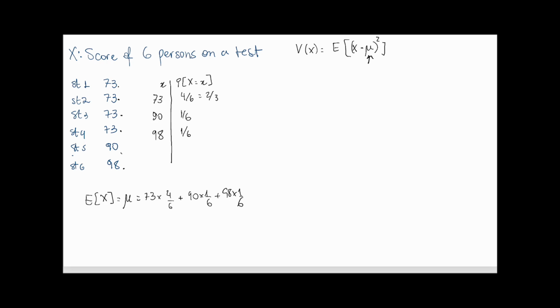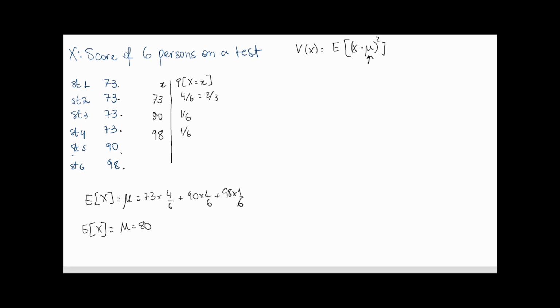If you work this out, this is 73 plus 90, this is 163 plus 98, this is 252. So at the end of the day, this mu is 80. So the expected value of x, or the mu, is 80. Cool. So I have mu.